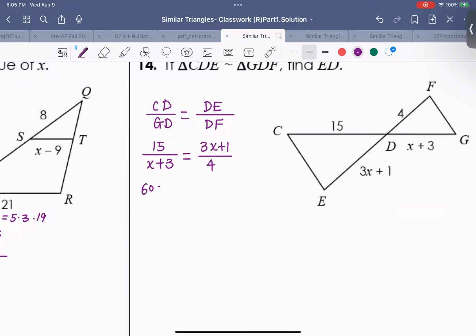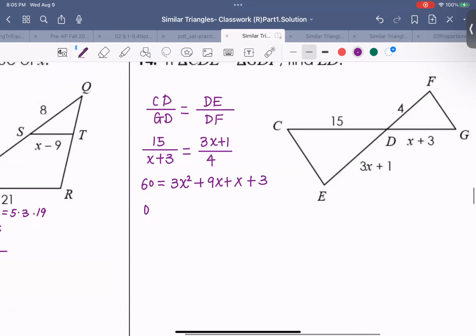equals 3x squared plus 4x plus 3, so we have 3x squared plus 9x, and then plus 1x plus 3. Very good.